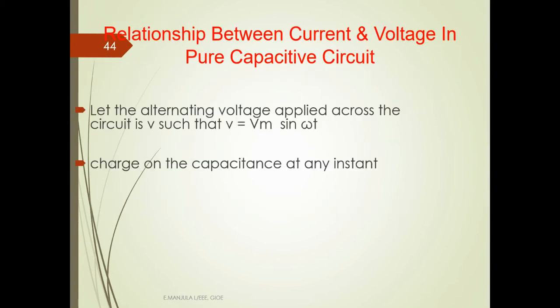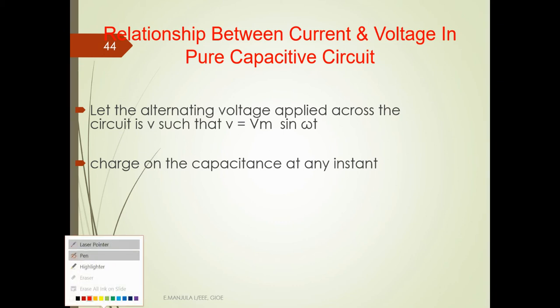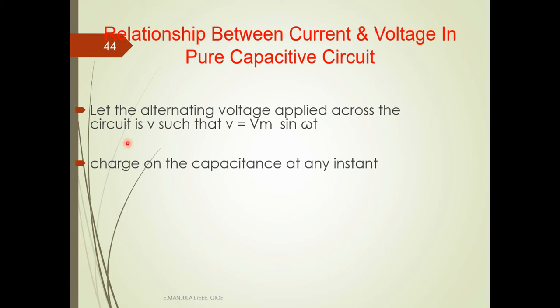So let me take an alternating voltage applied across the circuit is v, such that v is equal to V maximum sin omega t, and the charge on the capacitance at any instant q is equal to C into v, which is C into V maximum sin omega t.